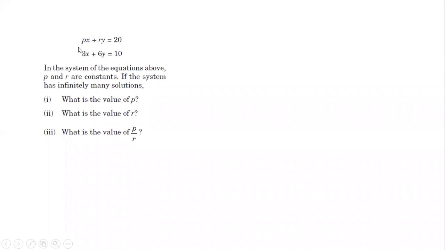In this particular case, there are two equations. They are saying in the system of equations above, P and R are constants. If the system has infinitely many solutions, that means they are practically the same lines. So both the lines are same.